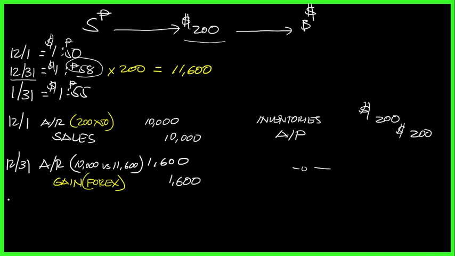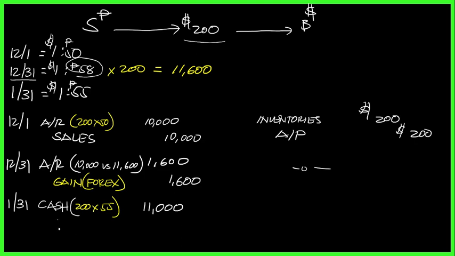Now, as of January 31, you will have a debit to cash. How much are you going to receive? You are going to receive $200 times 55. So this one will be 11,000.